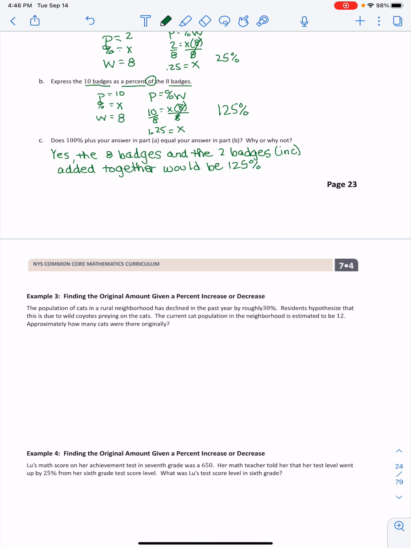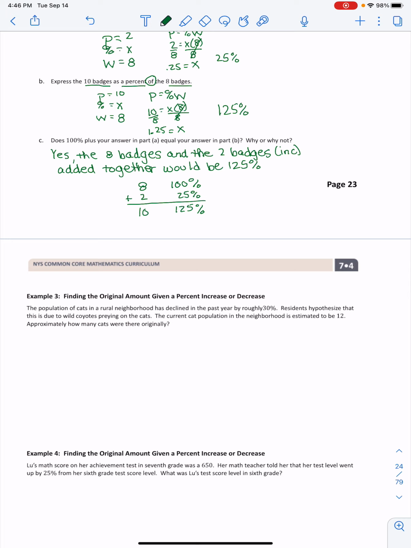In other words, the 8 badges, which are 100%, plus the 2 badges, which are 25%, adding them together, I would have a total of 10 badges, which are 125%. Okay.